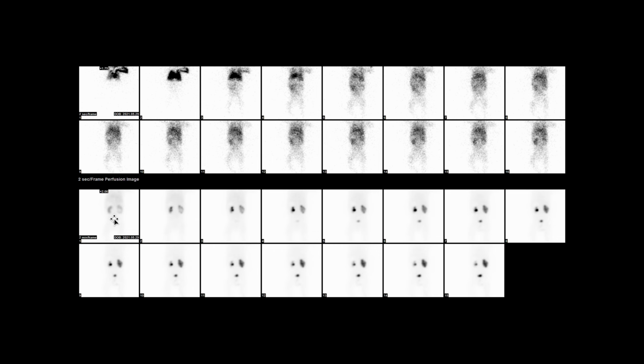On the other side, the left side, we see prompt cortical transit, and then we find the radioactive urine in the urinary bladder, which is seen to become larger with time. So this patient has a suspected right-sided UPJ obstruction, where on the initial images we find delayed flow, decreased flow, production of radioactive urine, and some stasis proximal to the level of the UPJ.